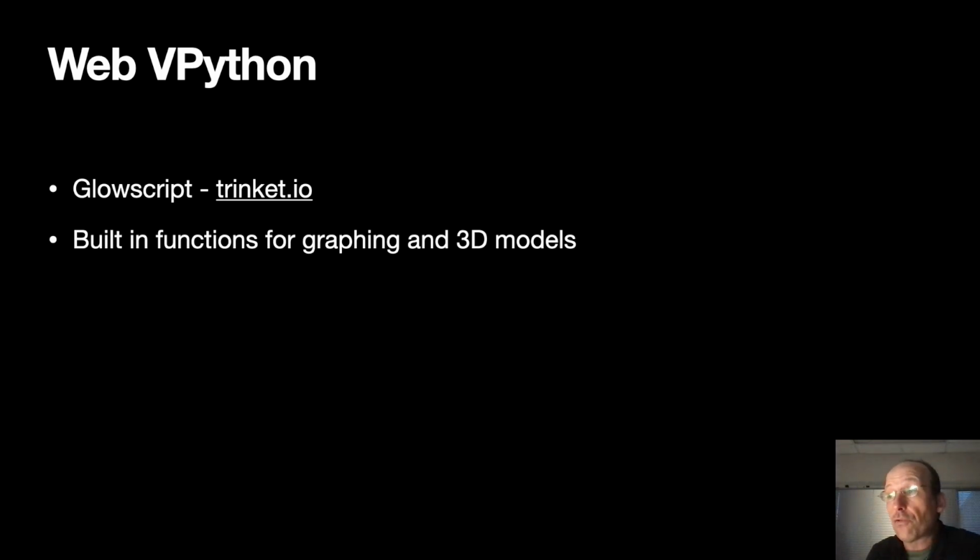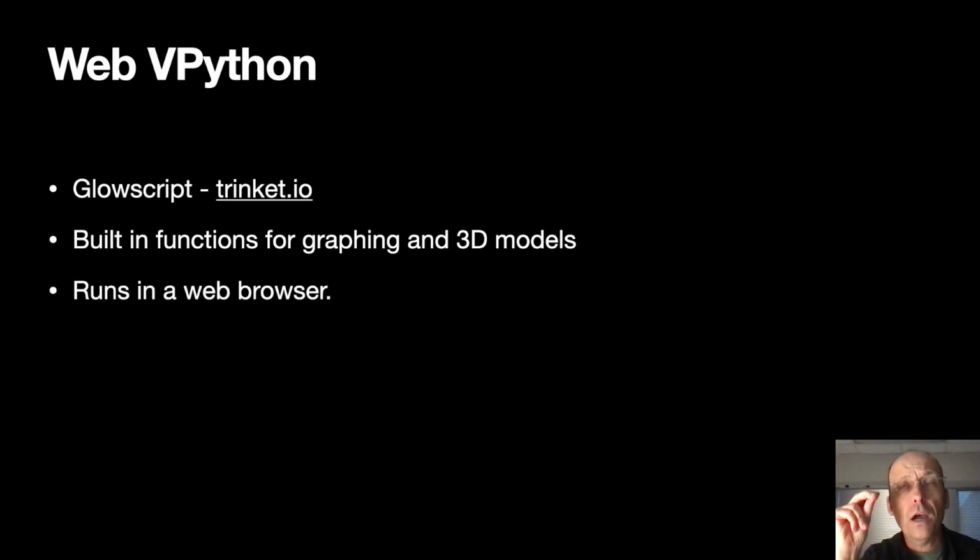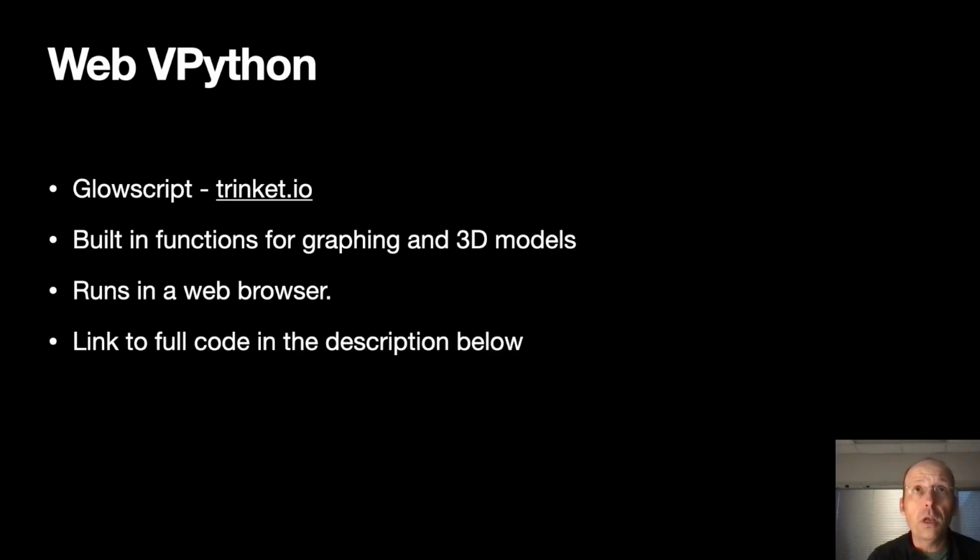VPython is a module for Python that does 3D models if you haven't seen it before, and it's super useful. It's what I made that first animation in. It has functions for graphing and a whole bunch of other stuff. The nice thing about GlowScript and Trinket.io WebVPython, and they like to call it WebVPython, which is fine with me, is that it runs in a browser and it even runs on your phone, so that's kind of cool. And I already said I was going to give the link down below.